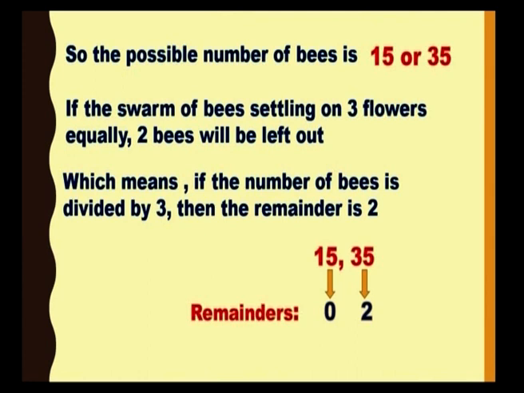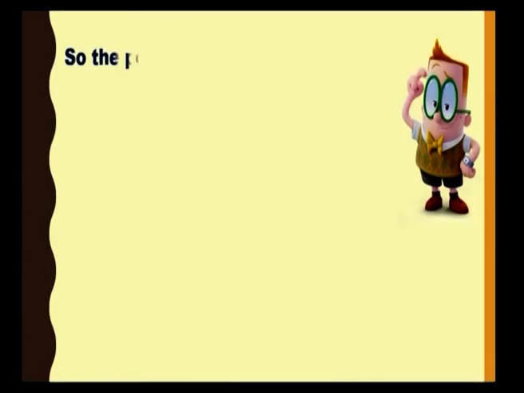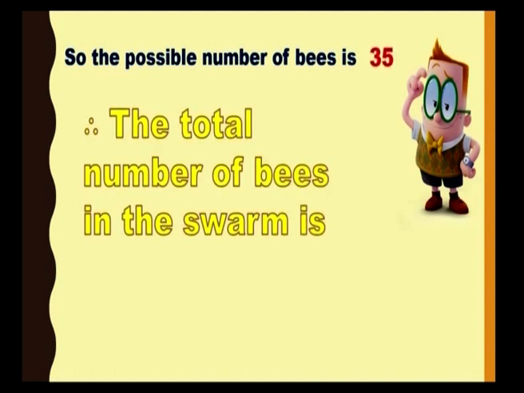So the remainder 2 comes for the number 35. Therefore, the total number of bees in the swarm is 35.